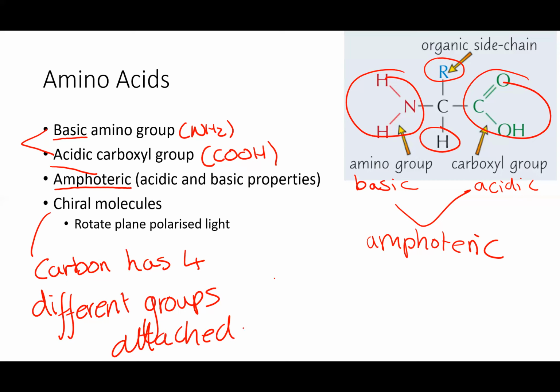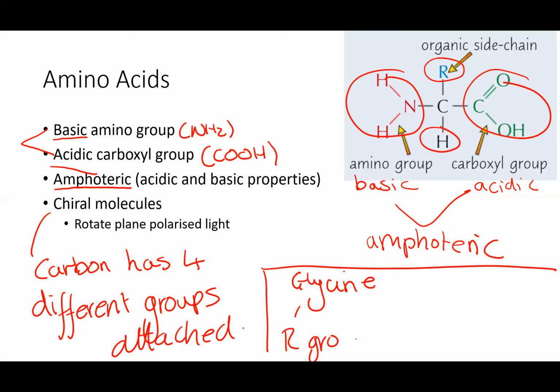Glycine is an exception because its R group is just a hydrogen, so it wouldn't have 4 different groups attached because 2 of them would just be hydrogens. So that's basically what an amino acid is made up of.